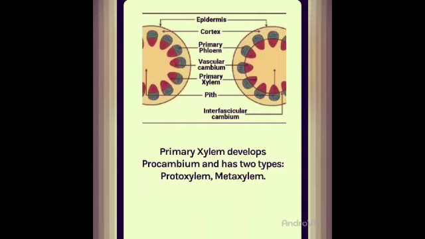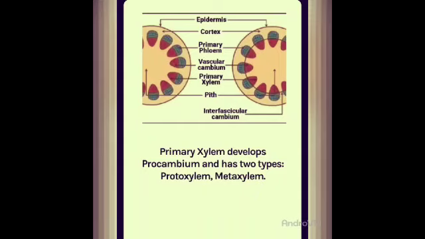Two vascular bundles are interconnected with the interfascicular cambium. If we talk about only one vascular bundle, then between the phloem and xylem we find the vascular cambium. When two vascular cambia are combined, the cambium is called interfascicular cambium.